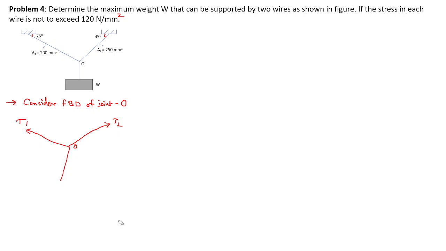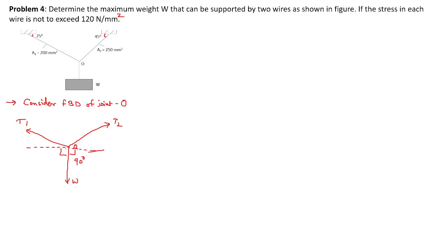This will be W. If it's acting downward, then it will make a 90-degree angle.